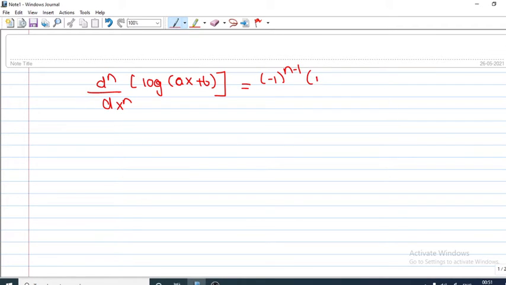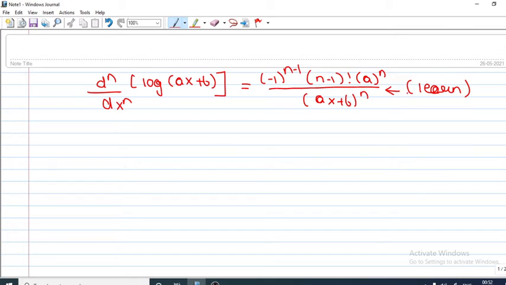Then what you will get is n minus 1 factorial, a power n as it is, and the m minus 1 will become 0, so leave that, and here you have ax plus b only, the whole power n. So this is the formula which you need to learn when a question of finding the nth derivative of a logarithmic expression appears.